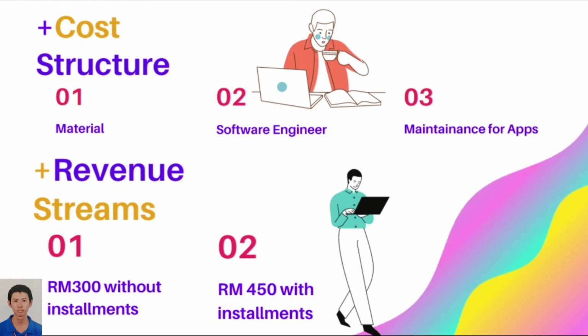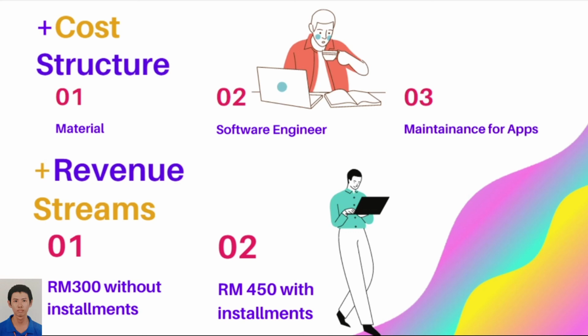We also need the software engineer to help us solve technical problems and maintain the software application for further improvement. This is a continuous process to ensure our product keeps improving with the latest technology.